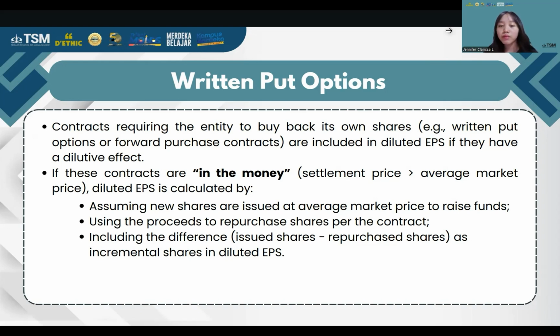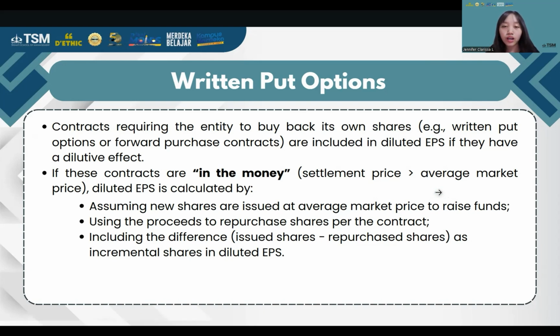So in the money means the contract is beneficial to the holder. And in this case, for written put options, if the settlement price is higher than the average market price, the company will need to repurchase its shares at a price higher than the current market value, which can potentially lead to dilution.